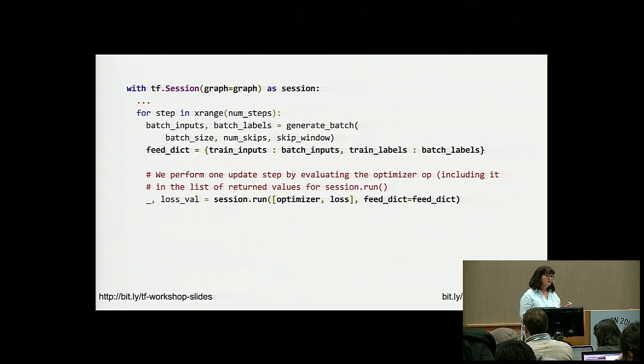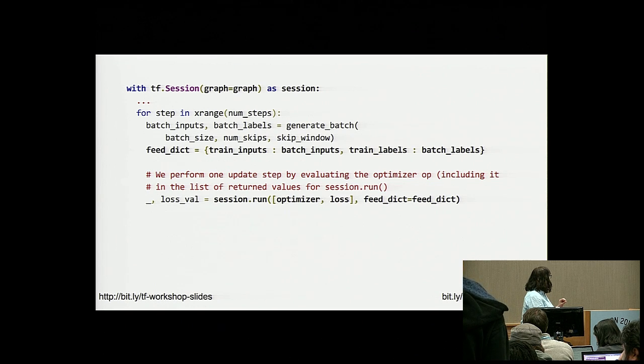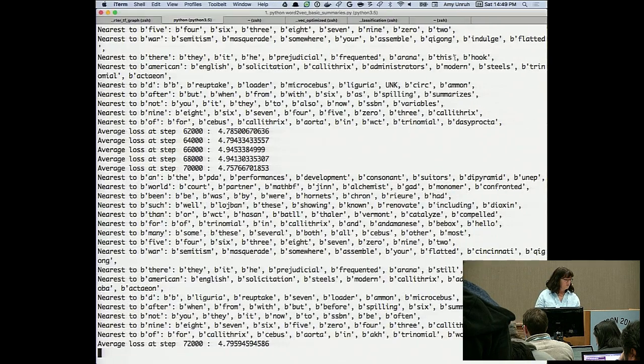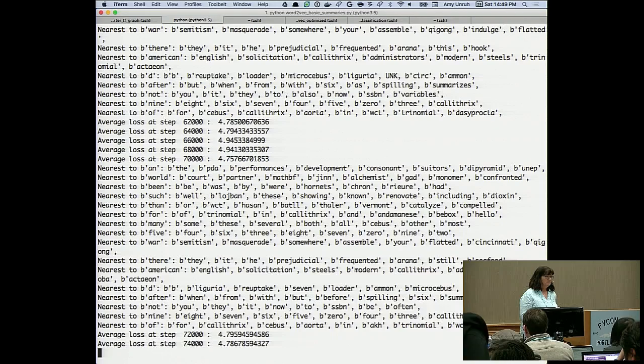So it's important to evaluate the optimizer, so that does the training step on the mini batch. But we don't really care, we're throwing away the result of that because we're just triggering the training step. We don't need to see the result of that. We are interested in the loss because that is what we're printing here with the average loss.